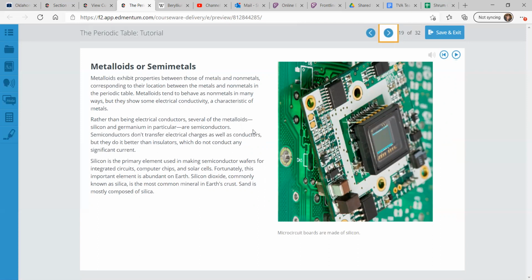Fortunately, this important element is abundant on Earth. Silicon dioxide, commonly known as silica, is the most common mineral in Earth's crust. Sand is mostly composed of silica. And here's an example. A microcircuit board or microchip, things along those lines, are made of silicon.